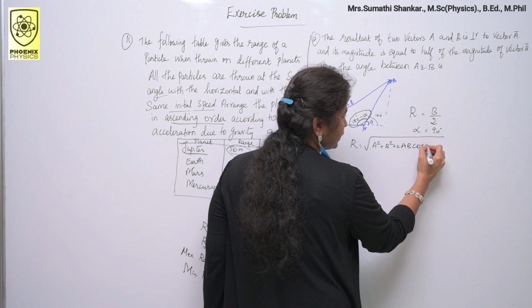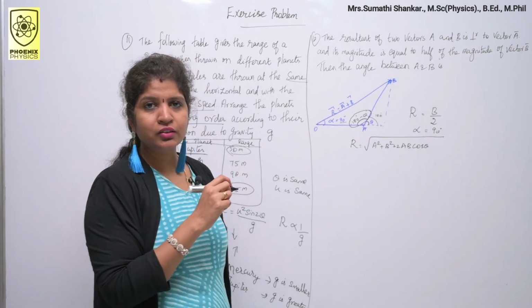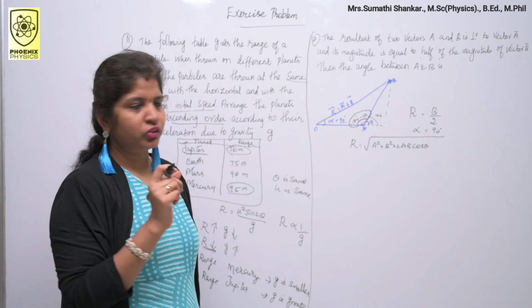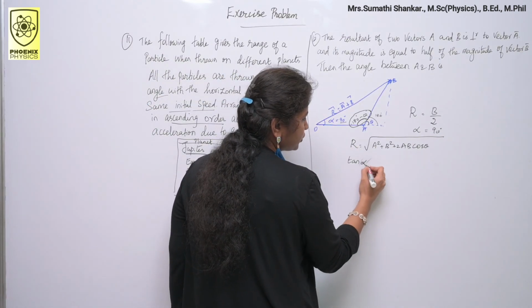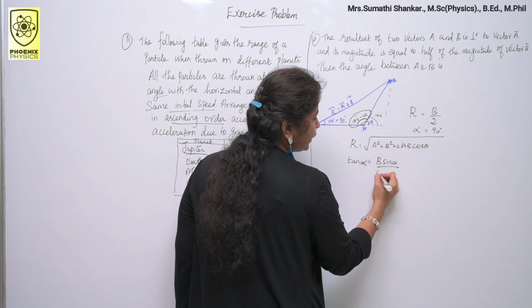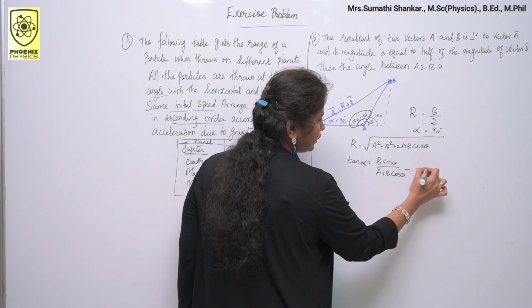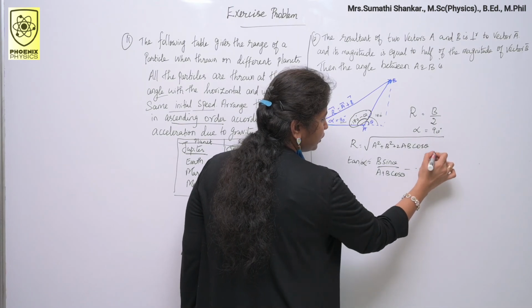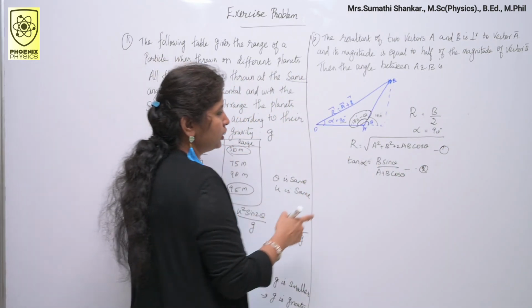We have already studied this in vector addition. Then how do you find alpha? Tan alpha is equal to B sin theta divided by A plus B cos theta. We have already derived these two formulas in our vector addition concept.